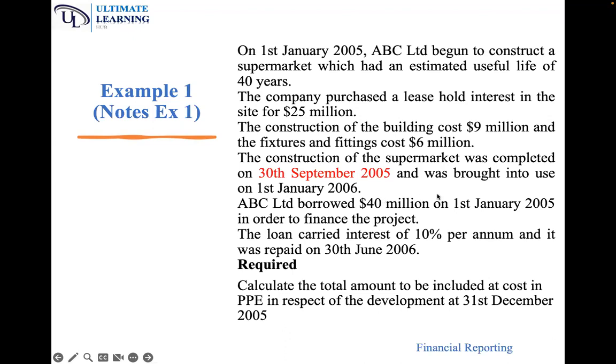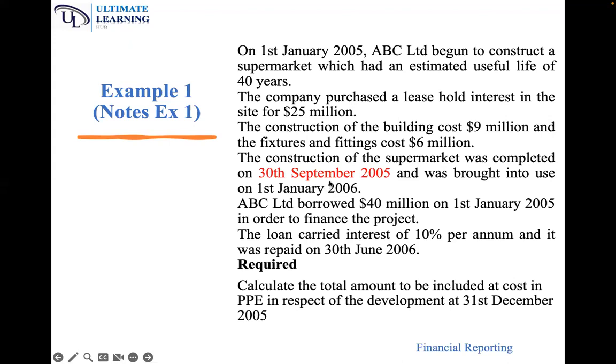ABC Limited borrowed $40 million on 1st January 2005 in order to finance the project. The loan carried interest of 10% per annum, and it was repaid on 30th June 2006. Required: calculate the total amount to be included at cost in the property, plant, and equipment in respect of the development at 31st December 2005. So that's the first question we'll focus on.